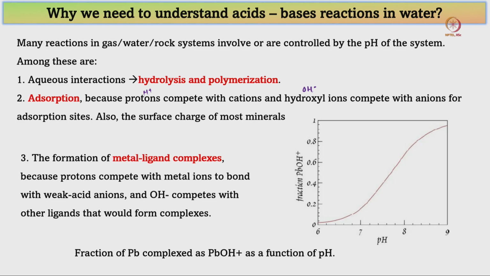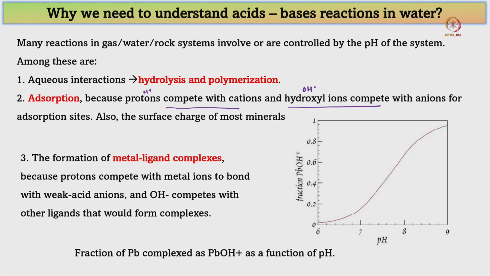Whenever an adsorption-based reaction is happening, if the pH of the system is varying, then H plus starts competing with the cations while hydroxyl ions compete with the anions, and they can start interfering with the reactions.